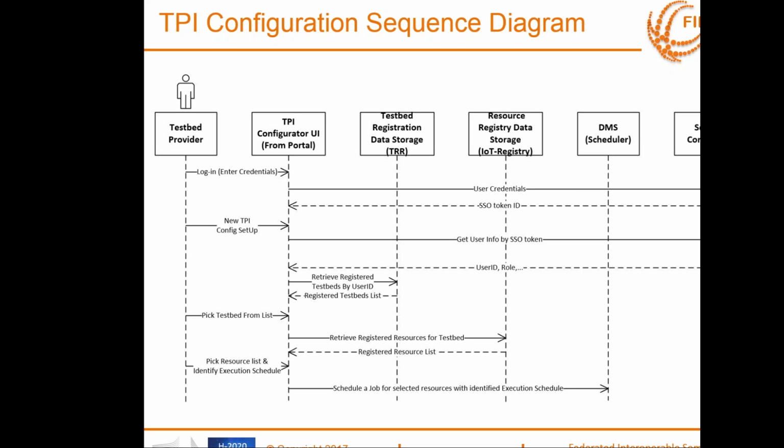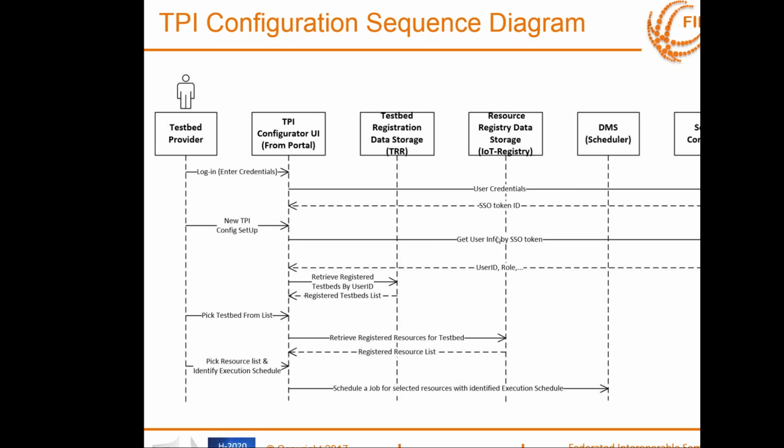You just log into the portal and use the different user interfaces with the first login. After the login procedure, you can open the TPI configuration user interface and start the setup.